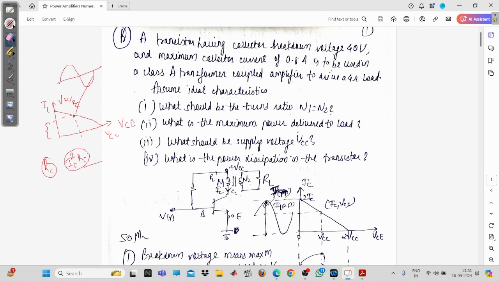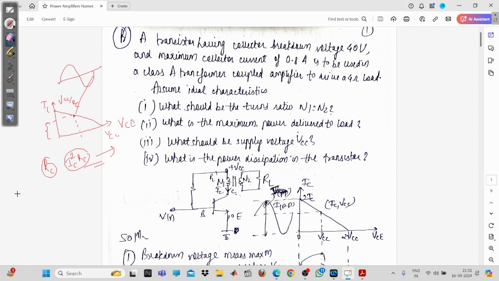This is the power dissipation in the transistor, which contributes to lowering the efficiency. So this was the problem, and we have to eliminate this problem using a transformer.